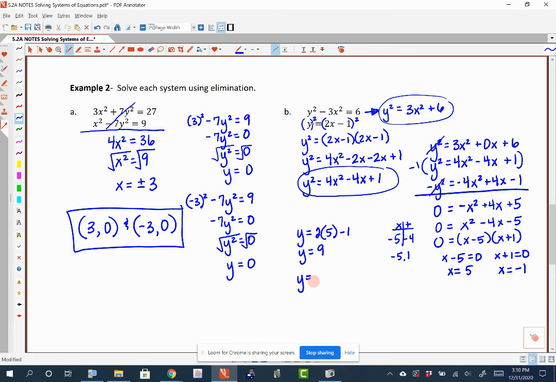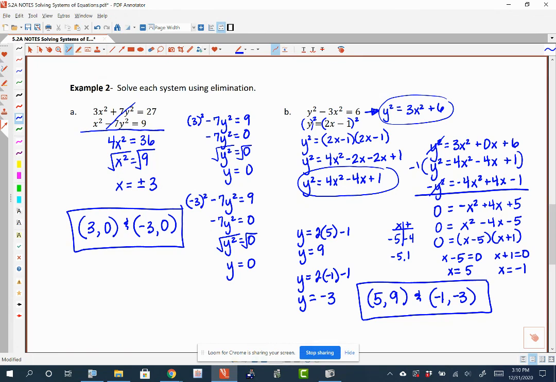And when I substitute in a negative 1, I end up with, let's see, negative 2 minus 1, so negative 3. So my x I plugged in and got out a 9. And my other x with negative 1, I plugged that in and I got a negative 3.